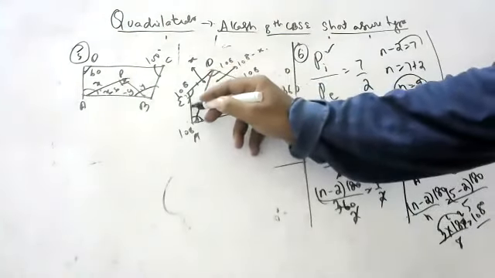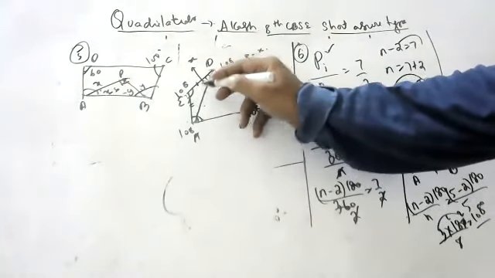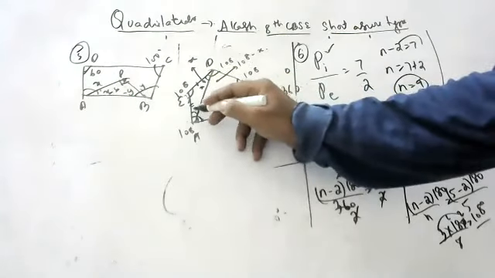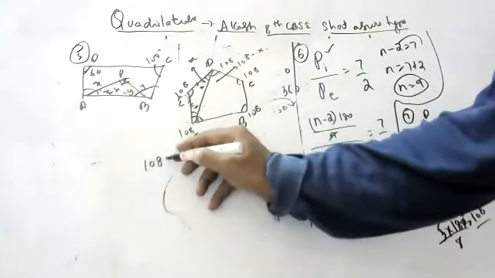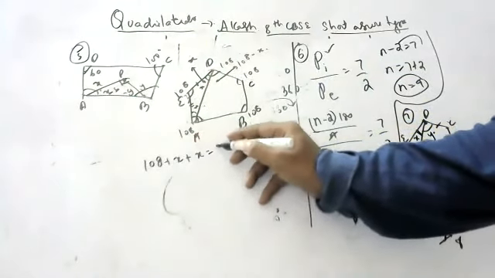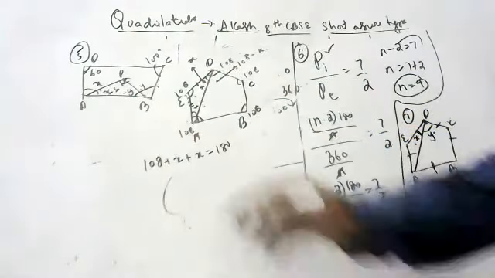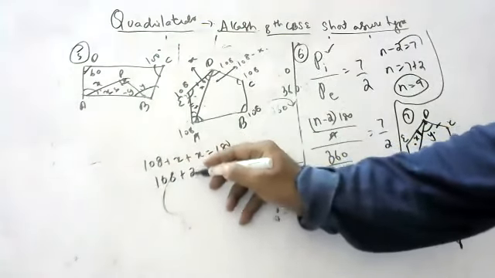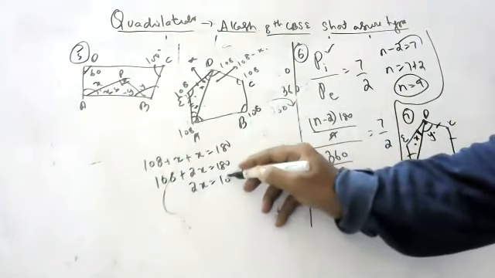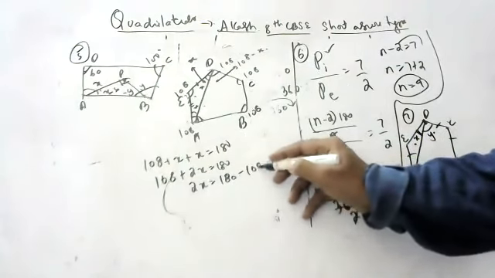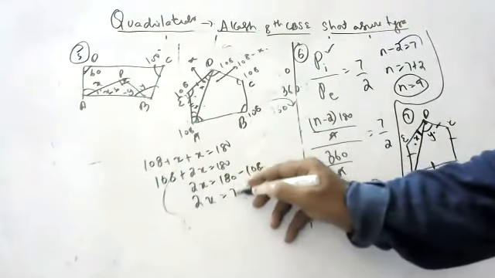Since these both are equal sides, they will have equal angles. Here X means here also X. So 108 plus 2X is equal to 180 because this is a triangle. 2X is equal to 180 minus 108, 2X is equal to 72.